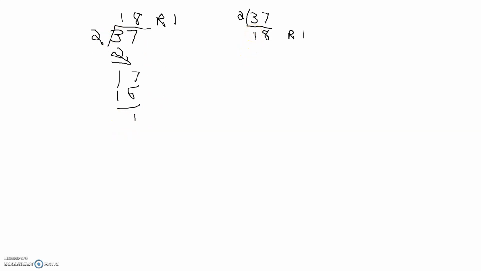So the idea of then going to binary is we keep repeatedly dividing by 2 and keeping track. That's supposed to be a 2 going into.